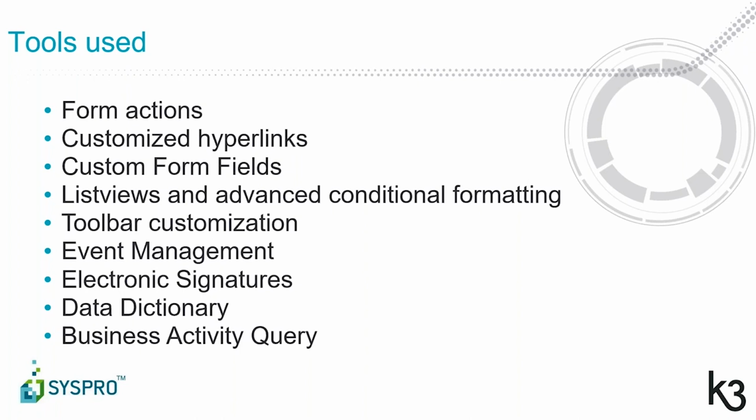It's about driving behavior based on conditional formatting. Toolbar customization, again, quick, easy, single click, navigate from where I am to where I want to be. The event management, electronic signatures are all around something's happened. I need someone to know about it. I need someone to do something about it. And then all about the access to data.